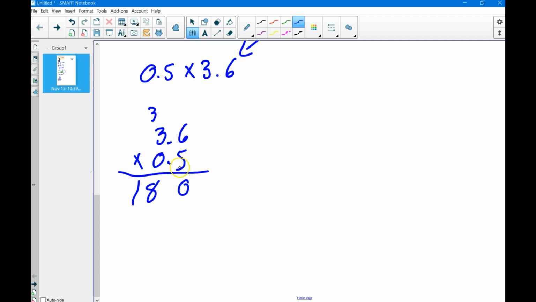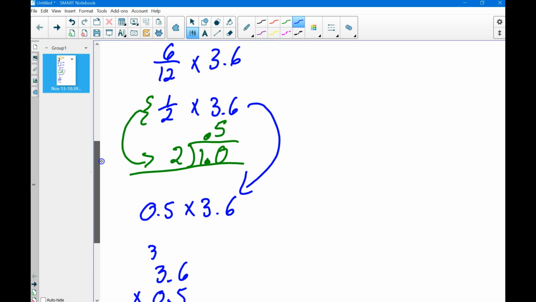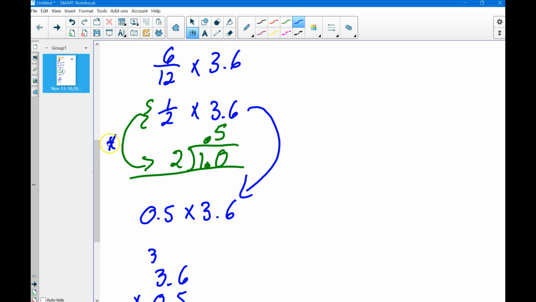There's 1 decimal place, 2 decimal places, so we go over 1, 2, and the answer is 1.8. Everybody fine with that? That's using decimals. The only part that's kind of tricky is where we have to convert the fraction into a decimal.